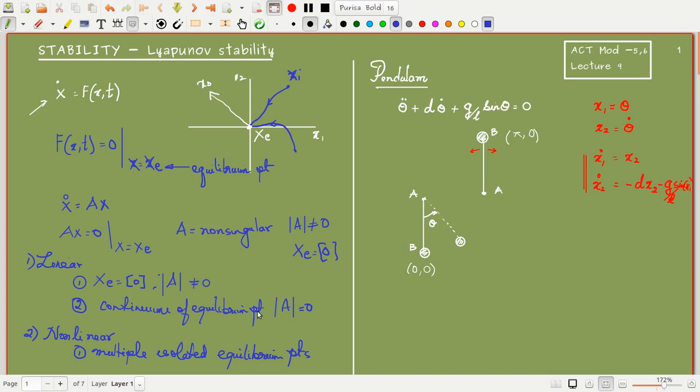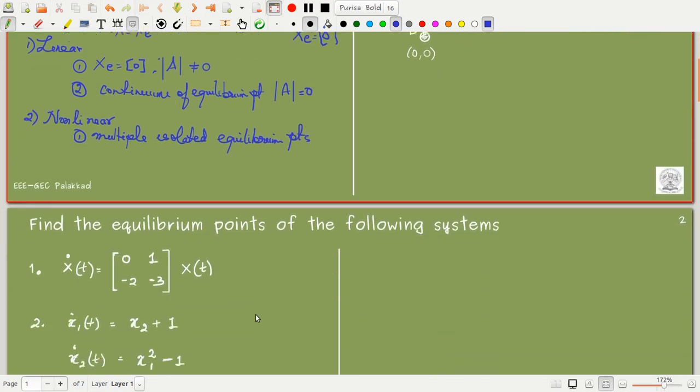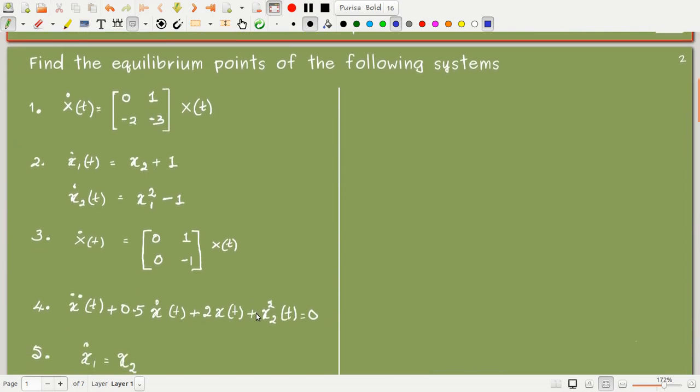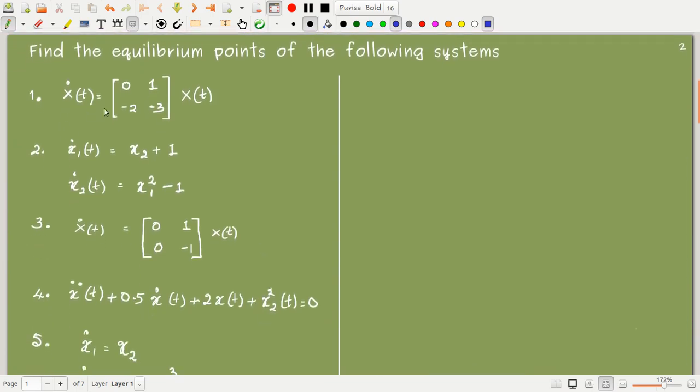So now let us see the equilibrium points of the following system. This is the first equation: x1 dot is equal to x2, and x2 dot is equal to minus 2x1 minus 3x2. Putting the right-hand side to 0 would give the equilibrium points. So x2 equals 0.